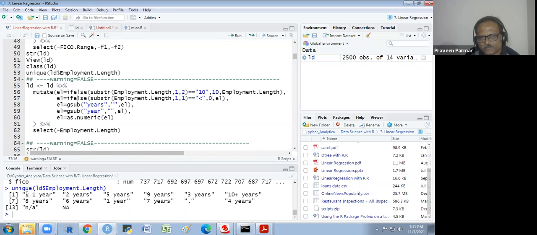At the first place, if it is getting the smaller than symbol, then this whole character, whatever we have, should be 0. Instead of this, I will get 0. And the remaining, this, and now the 10 also converted in 10. 10 plus years converted in 10.